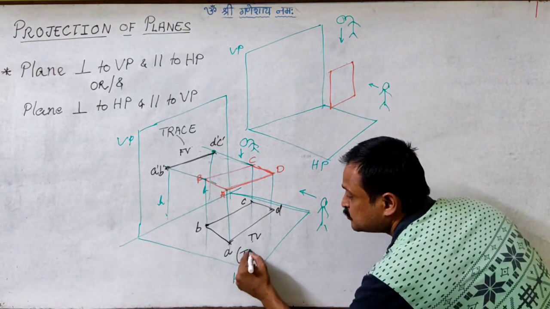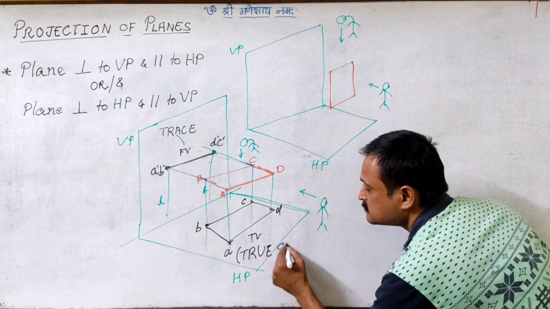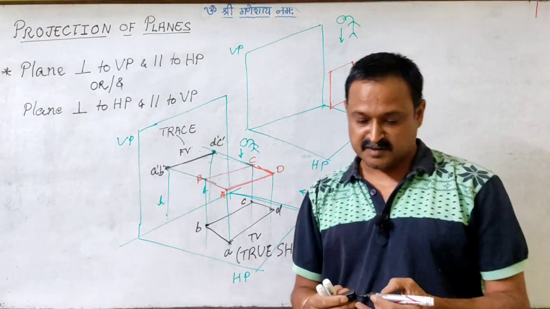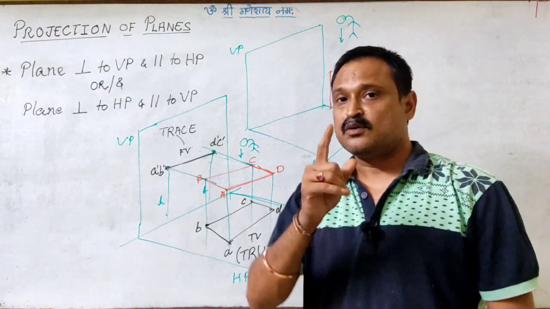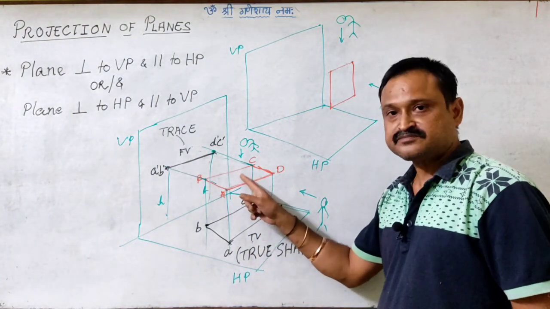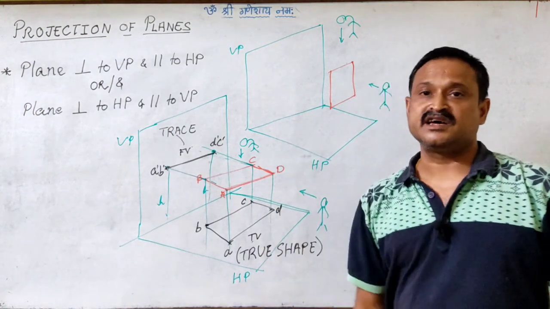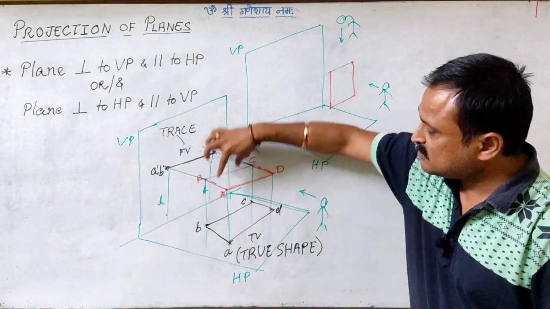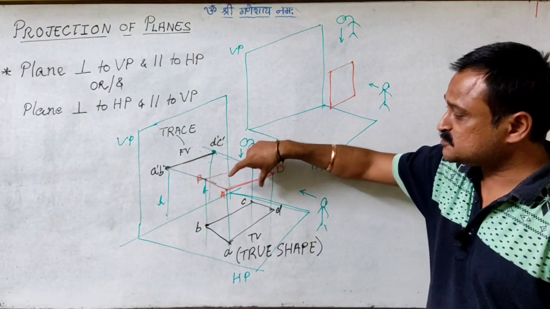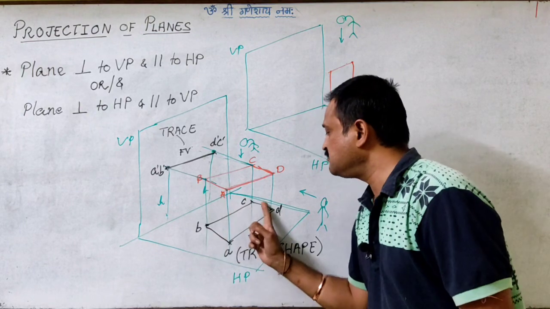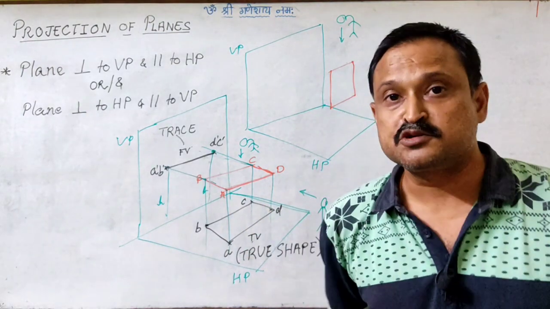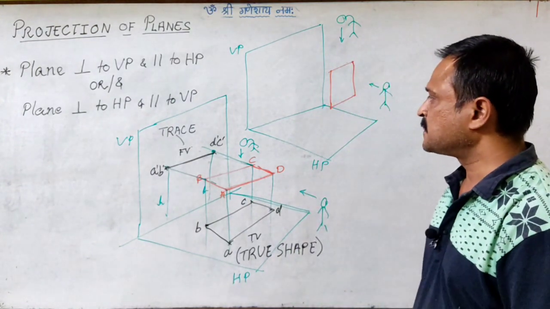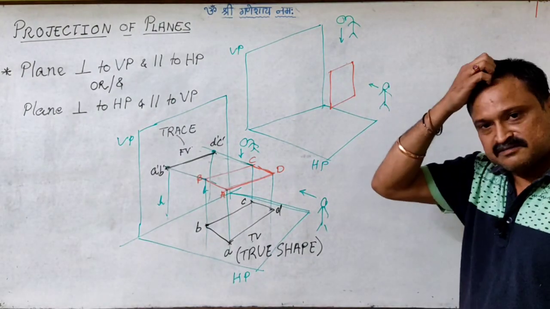This is the true shape. The image is showing the true shape of the plane. And when is this possible? Only when the plane is parallel to the reference plane. In this case the plane is parallel to HP, so all the sides are parallel to HP and all the side images are equal to the true length, hence I am able to see the true shape of this plane. Similar can be applied here.